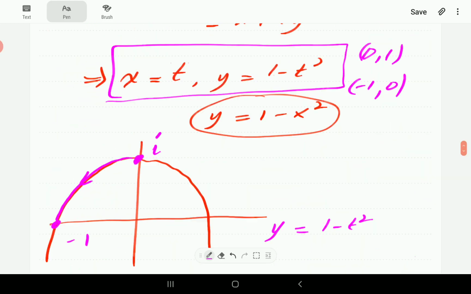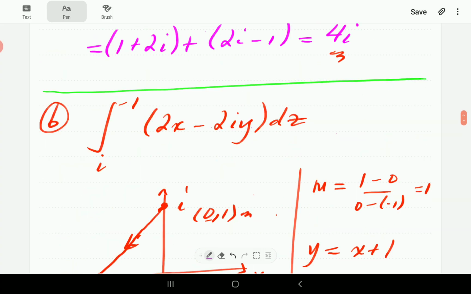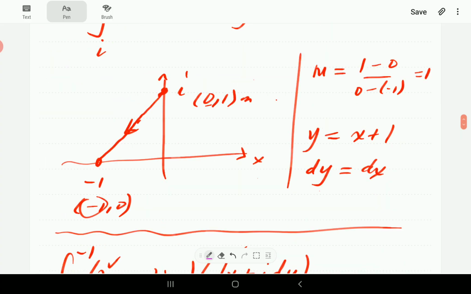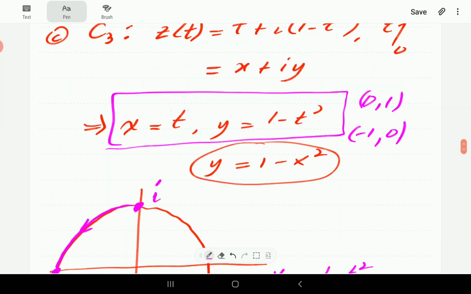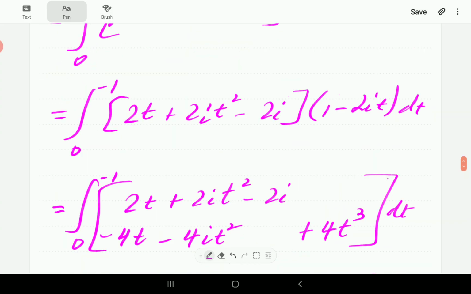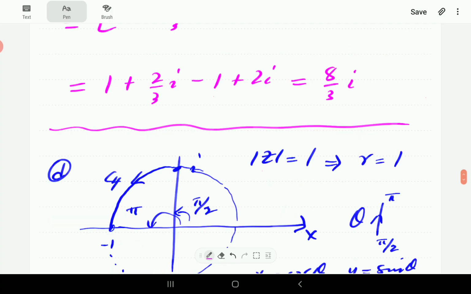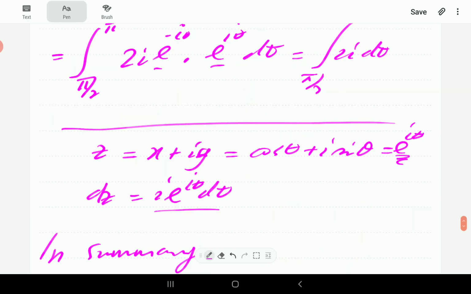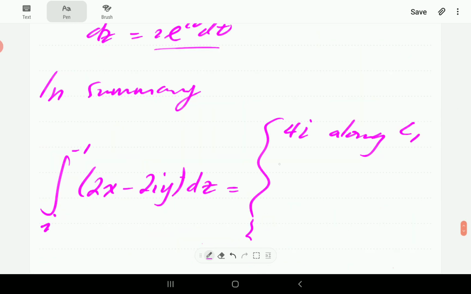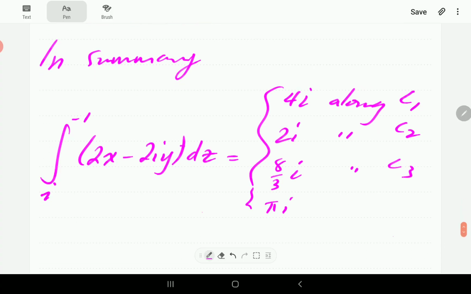So along C1, yeah, it was 4i. Then along C2, I think it was 2i. And then along C3, it was 8/3 i. And then along C4, it's pi i. So it's 4i along C1, 2i along C2, 8/3 i along C3, and finally pi i along C4.